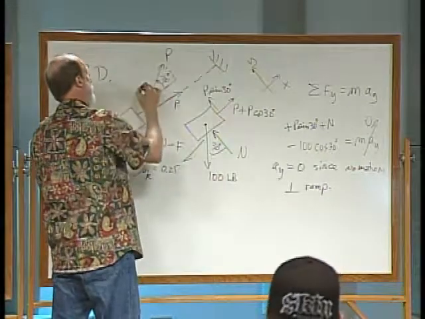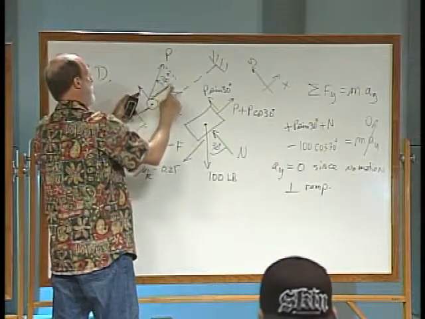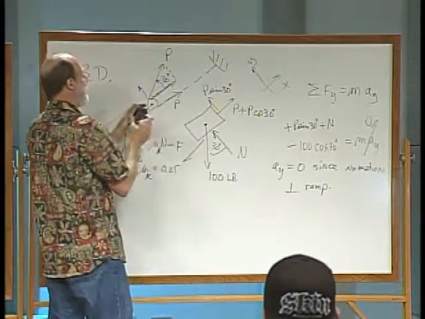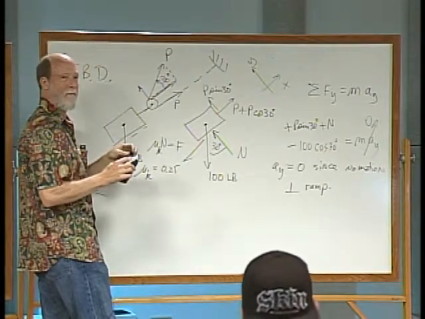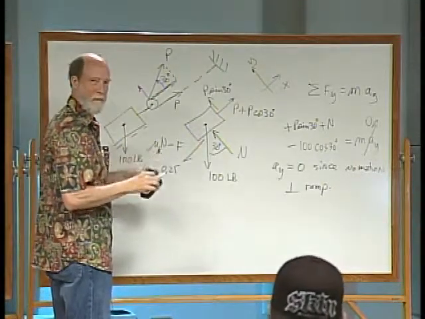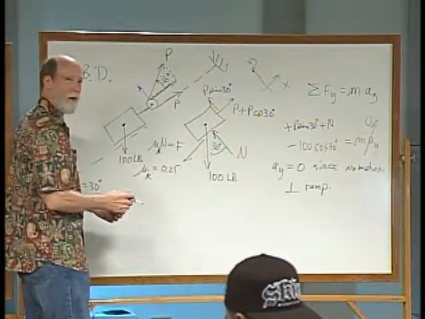Doesn't this P break up into two pieces? Well, yeah, but that's acting on the pulley, and all we want is the force that's acting on the block. Oh, okay. You have like a rope attachment. Yeah, so rope attachment there.